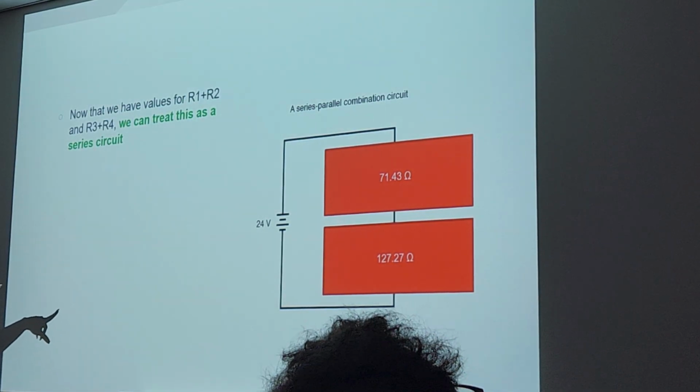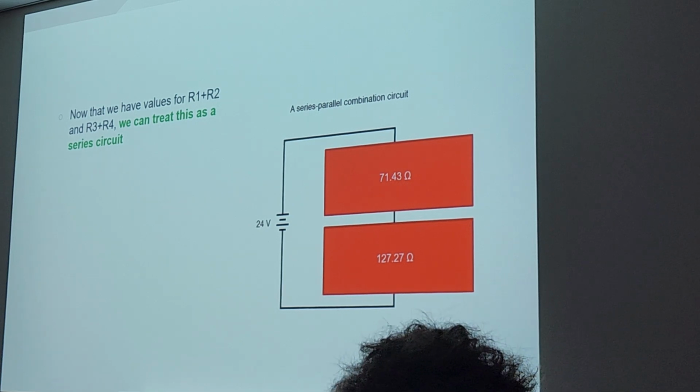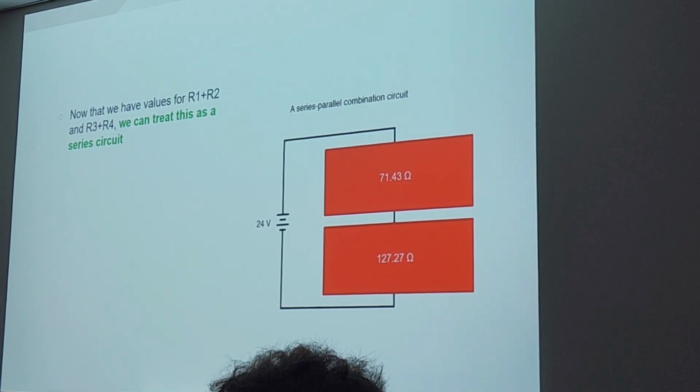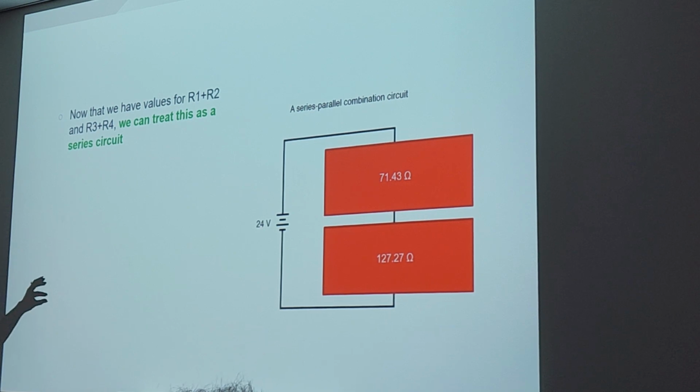So now that we solved for the parallel parts, now we can treat this as a series circuit, because we know the totals. So we can add them up. So the total resistance, how can you find it now? Add them. Exactly.